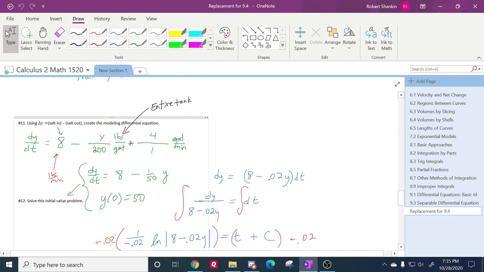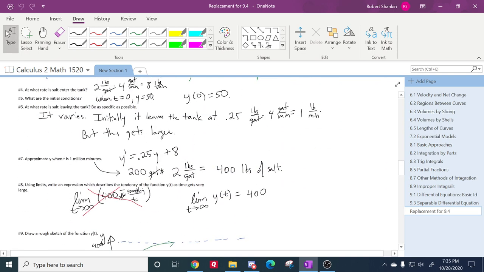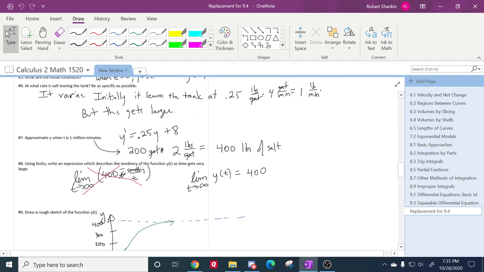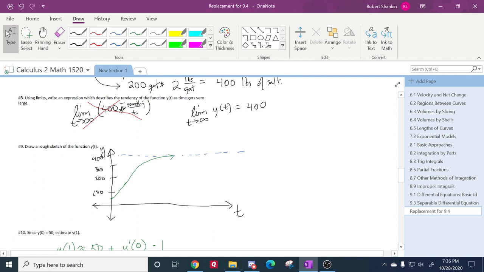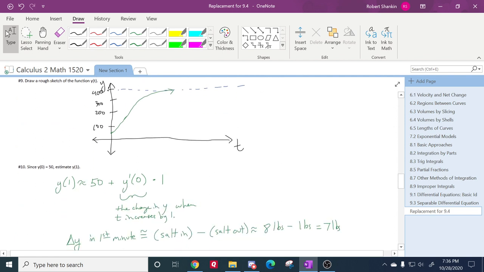Really close. We had the 8 right here, but instead of plus 0.25y, it was minus 1/50th y. But this guess at the differential equation was kind of moving in the right track. Let me cross that out, so that if people look back at this in the future, they realize that should not be the focus there. But that was kind of moving us in the right direction over here. So some nice anticipation of what was to come.